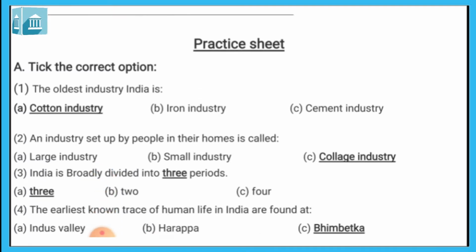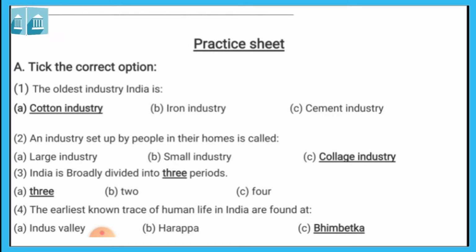Second, an industry set up by people in their homes is called? Which type of industries can be set up in the home? A, large industry, B, small industry, and C, cottage industry. So the answer is cottage industry.